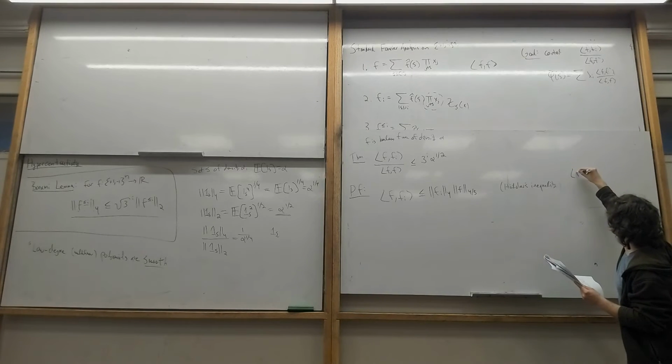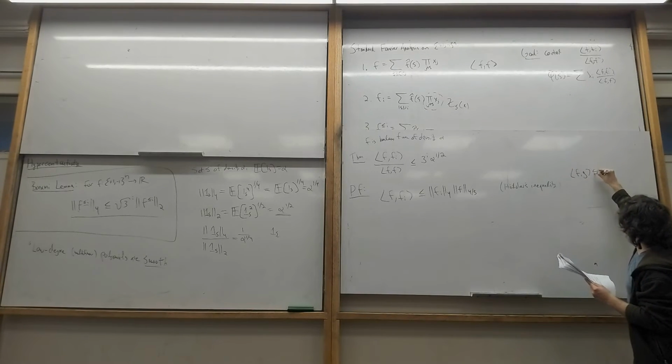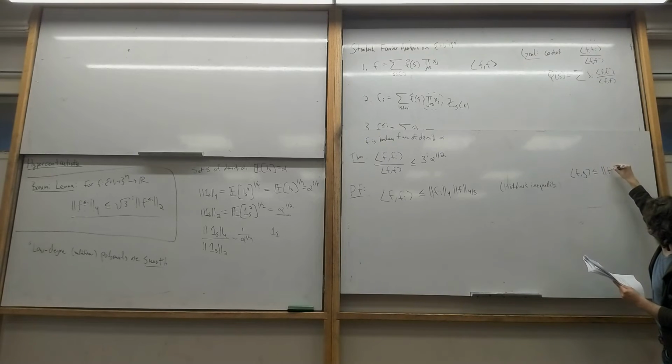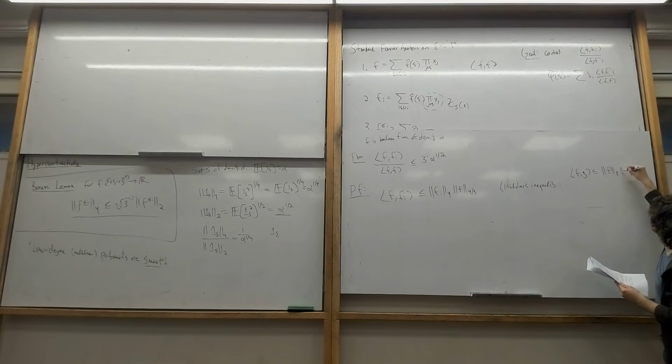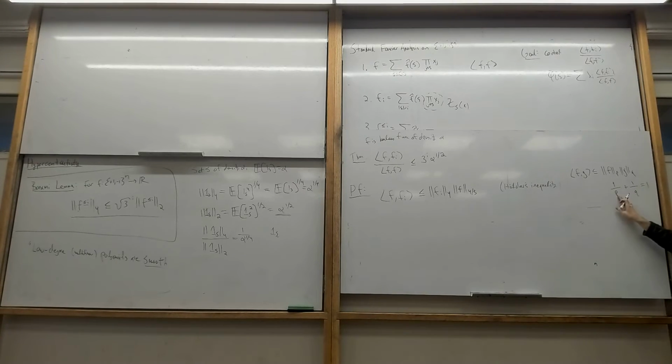Holder says that fg is less than or equal to the p norm of f times the q norm of g, as long as 1 over p plus 1 over q is equal to 1. So when p and q are 2, this is Cauchy-Schwarz.